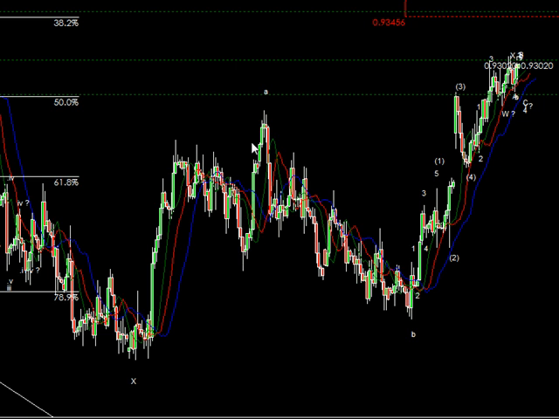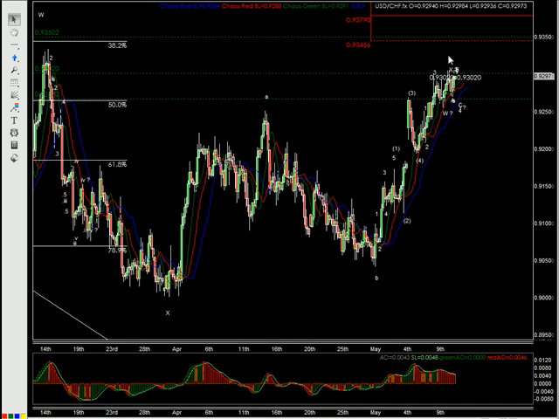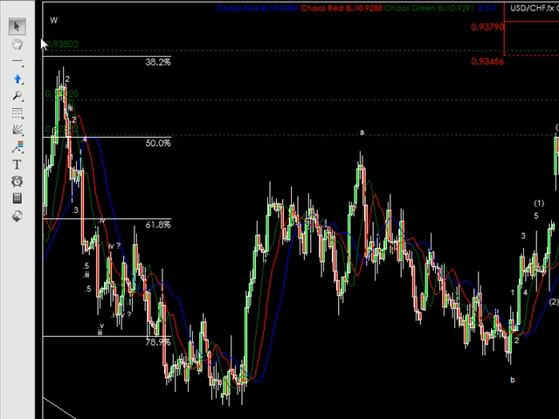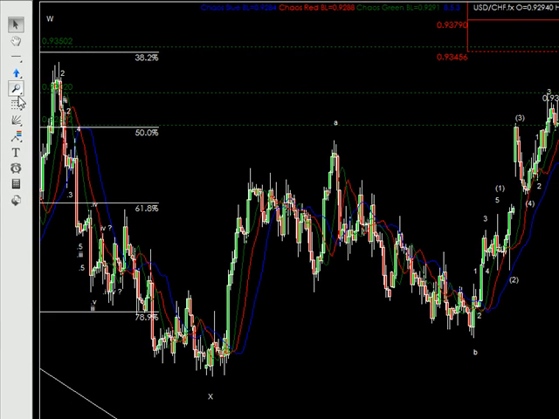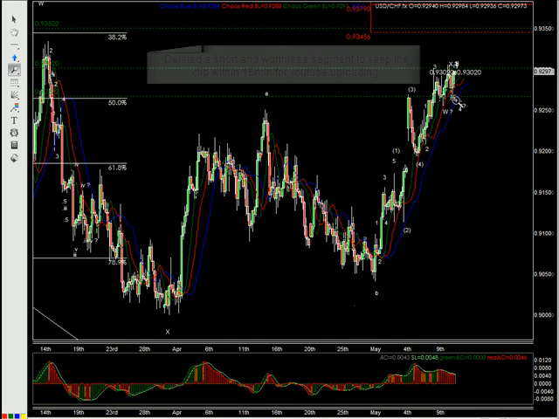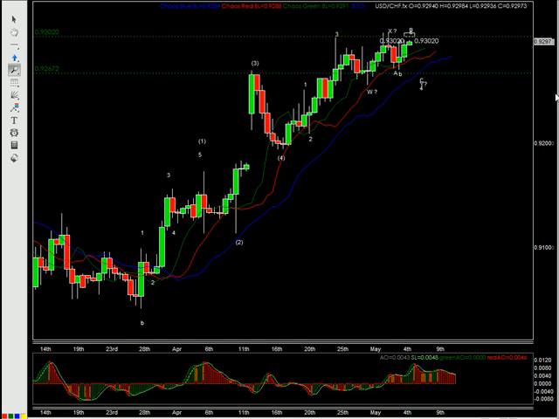I'm going to count this as a 5-wave up, which means that my wave Y is going to be a zigzag. That means that this move here on my right should be a 5-wave move, which is quite difficult to count. Going to be a 5-wave move over here, and I'm going to expand on this range over here. There you go.